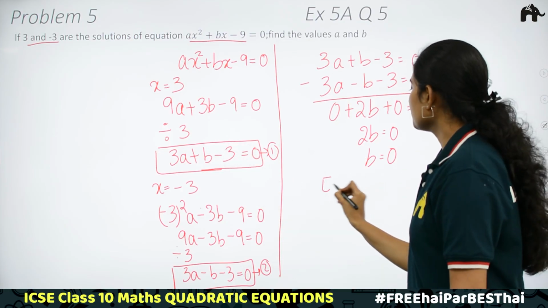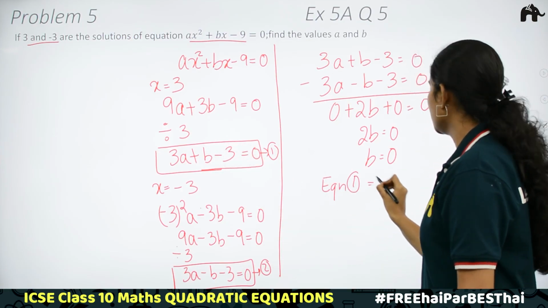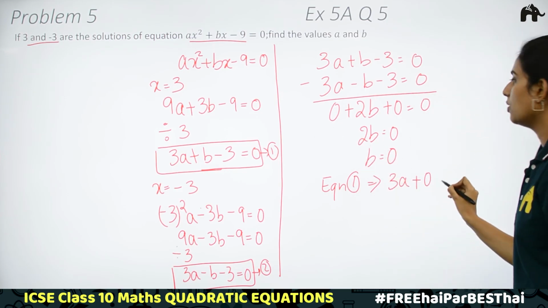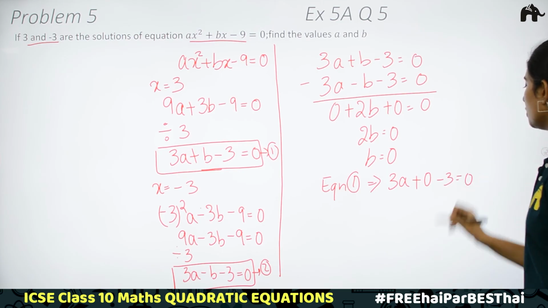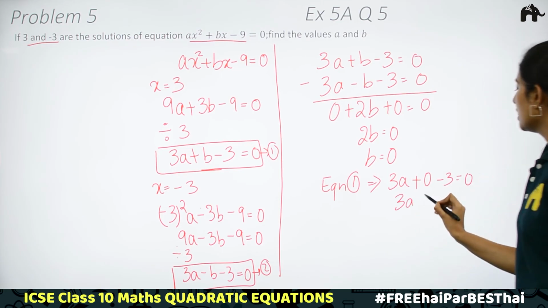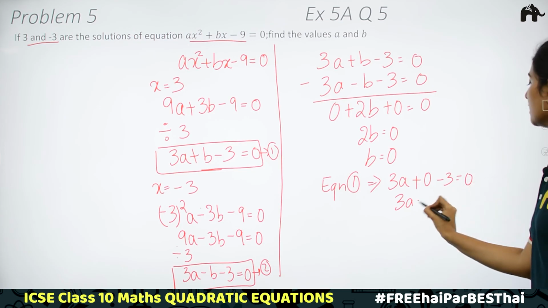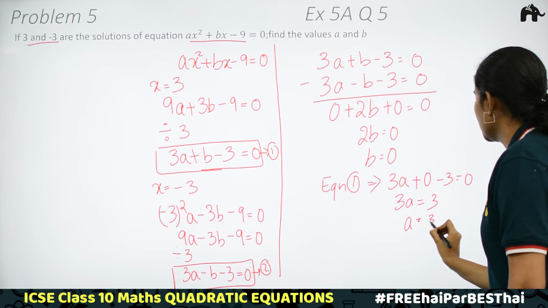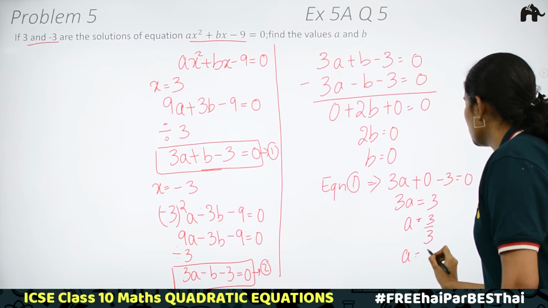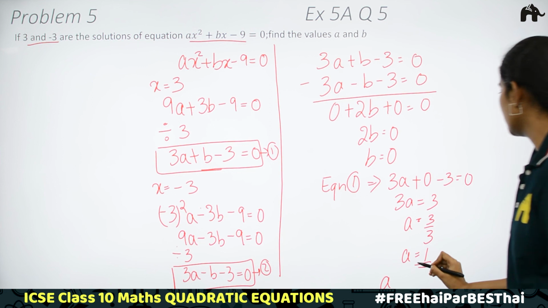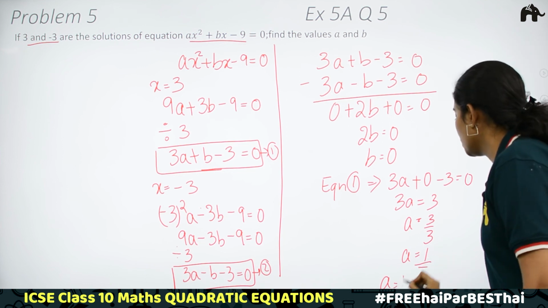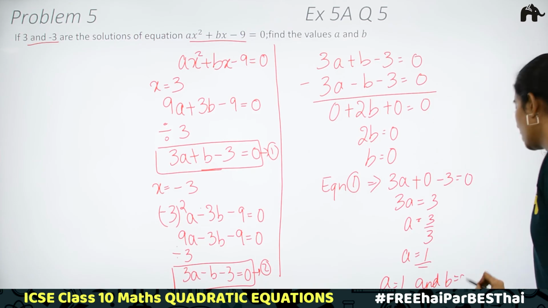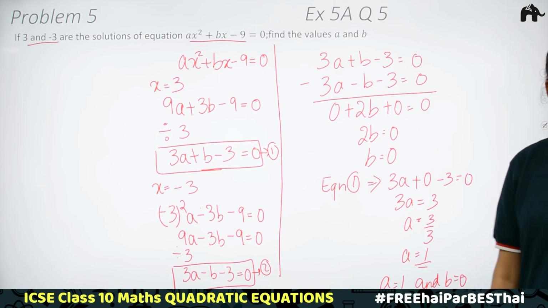Let me take equation 1. 3a plus b, b is 0, minus 3 is equal to 0. 3a minus 3, taken to the opposite side, is equal to 3. Which means a is equal to 3 by 3, or a is equal to 1. The value of a is equal to 1 and b is equal to 0. This is our final answer.